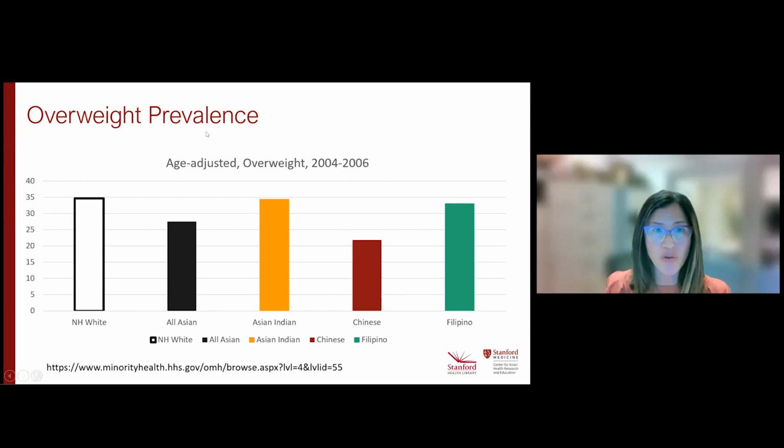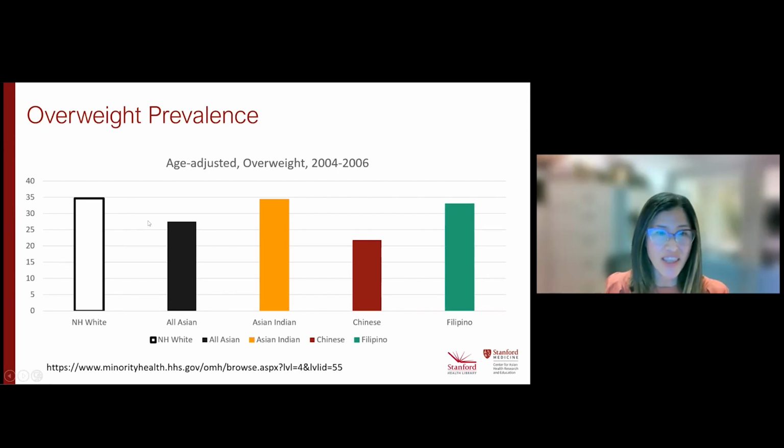So this is overweight prevalence. And I want to tell you, for this slide, I picked a slide where the cut point of 25 was used in all populations, just so you get a sense of the difference. So when you look at populations prevalence for overweight, which is BMI of 25 to 29.9, this is what it looked like in non-Hispanic white population in 2004 to 2006.